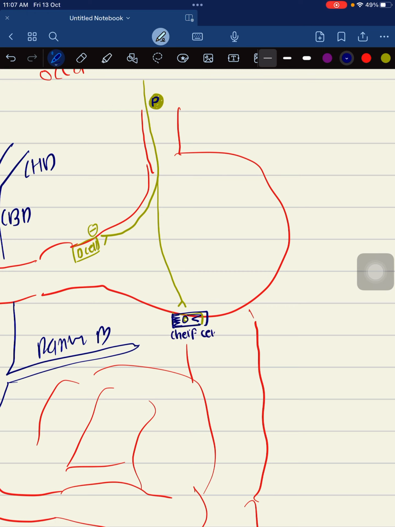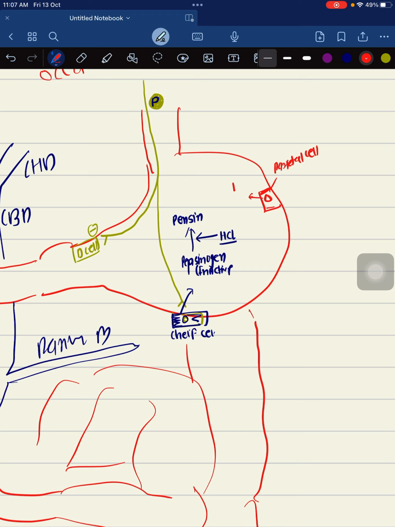Chief cell. What does the chief cell do? It secretes pepsinogen, which is the inactive form. To get activated pepsin, we require HCl, which is gastric acid, and which comes from this eosinophilic cytoplasmic parietal cell.